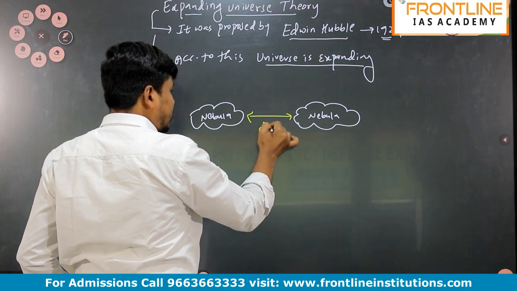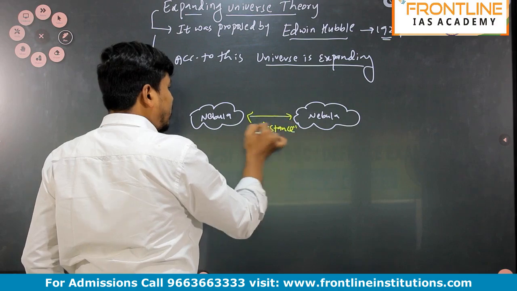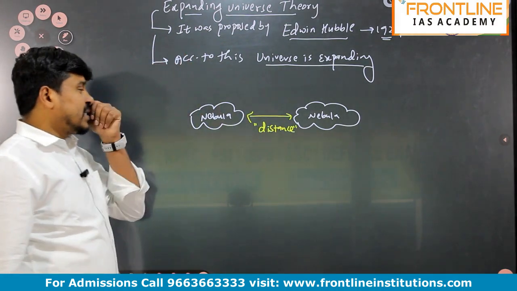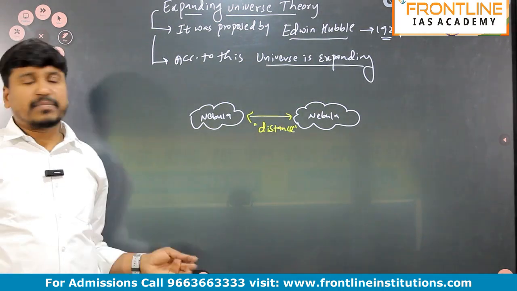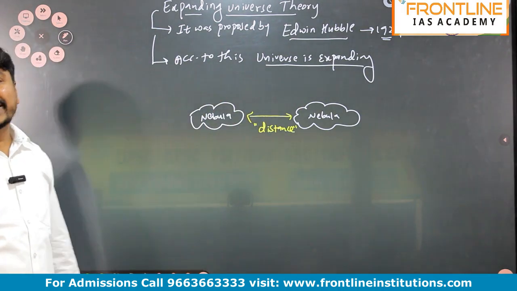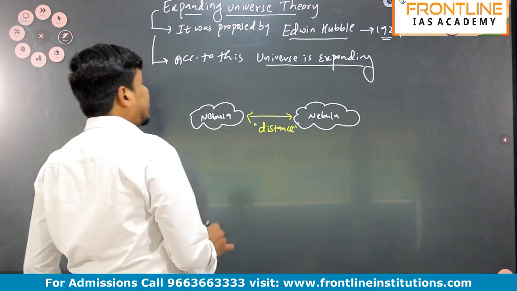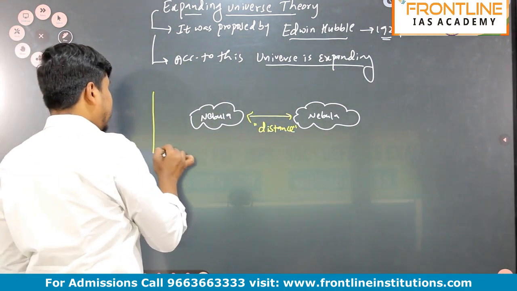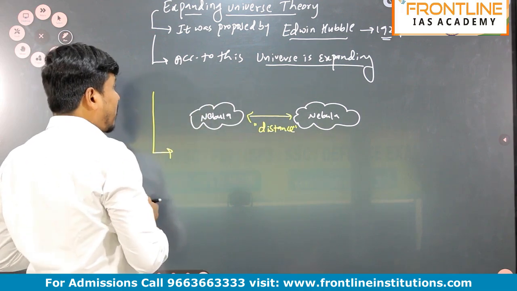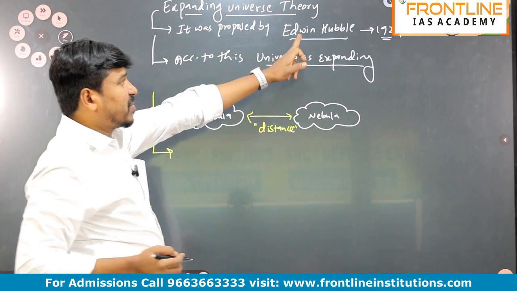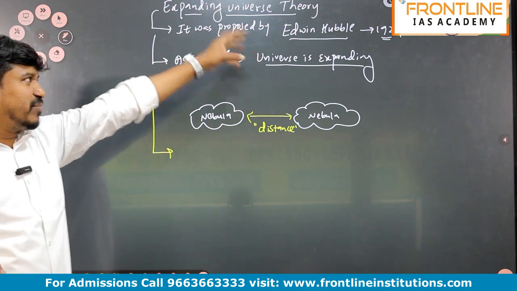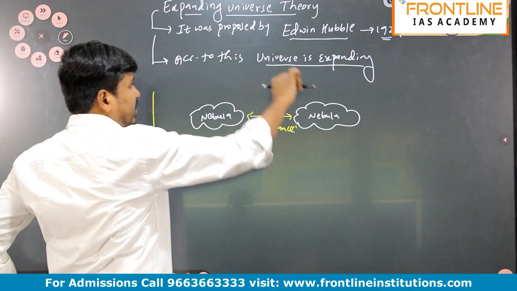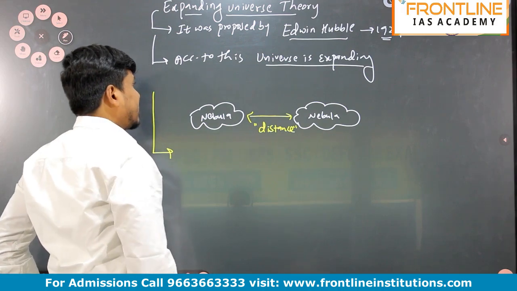Based on this, the theory says the universe is expanding. That study was done with the help of the Hubble telescope, which was named after Edwin Hubble. So according to this theory, the universe is expanding.